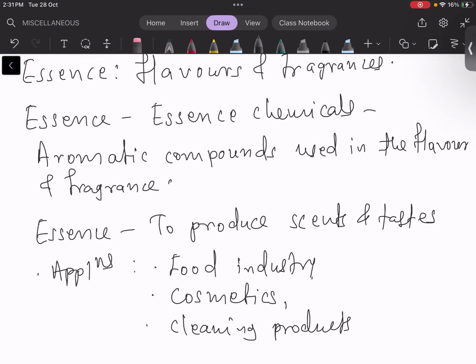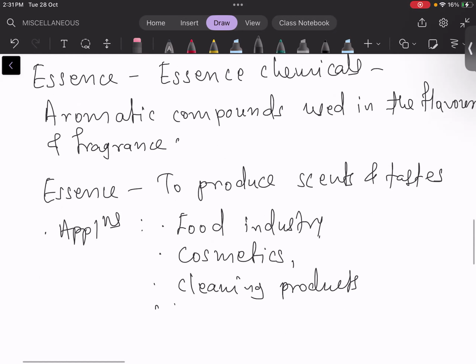What are cleaning products? Do you know? Cleaning products include Harpic, Domex, Lysol, etc. Then personal care items like skin cream, cold cream, etc.